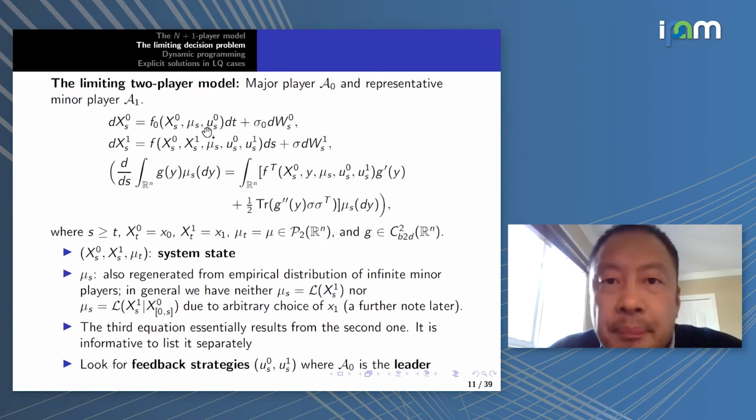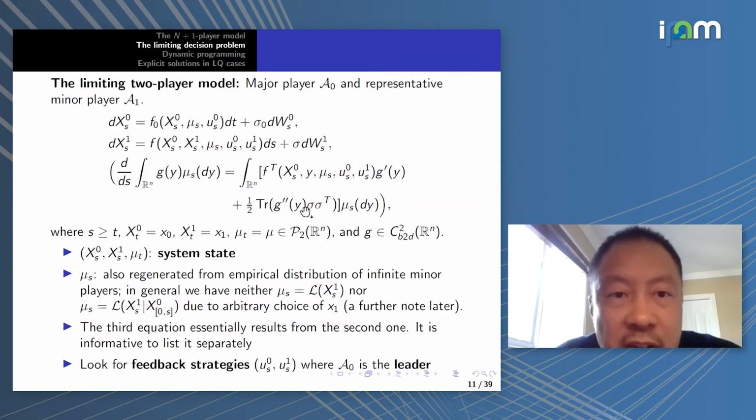For simplicity, here we reuse notation. We still denote the state process by x superscript zero for the major player. And similarly for the minor player, we use the limiting distribution mu s. Then we have the third equation.